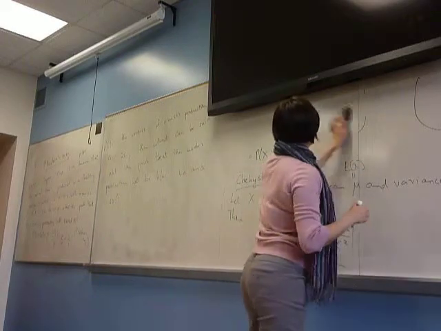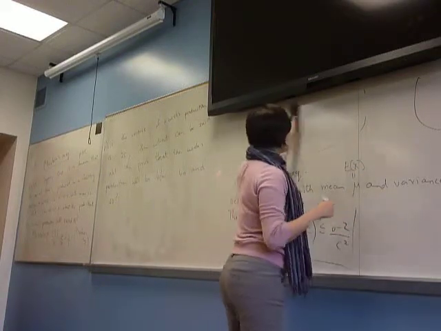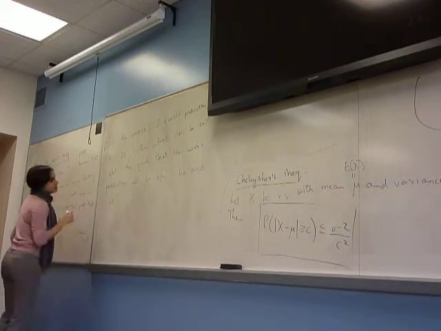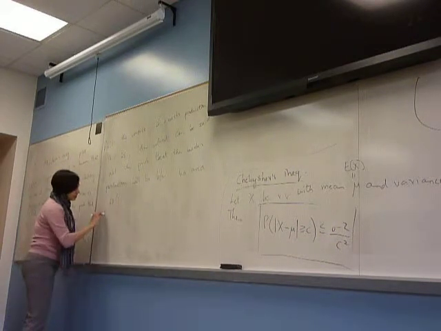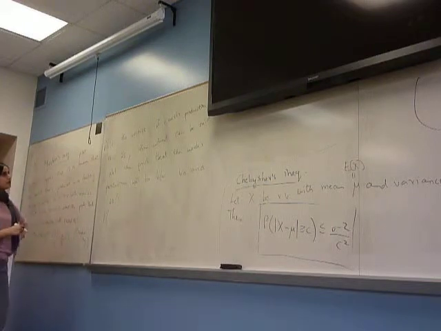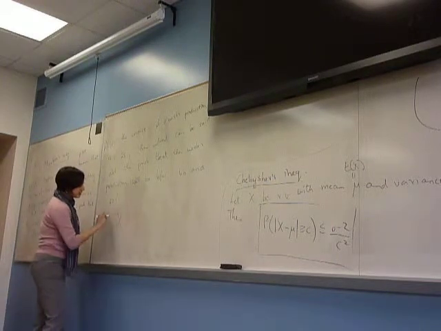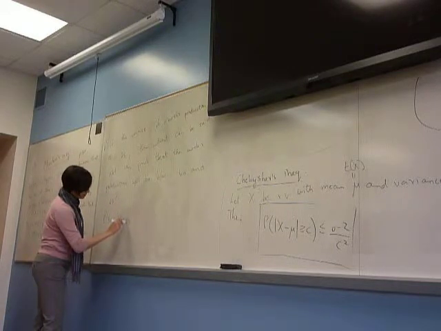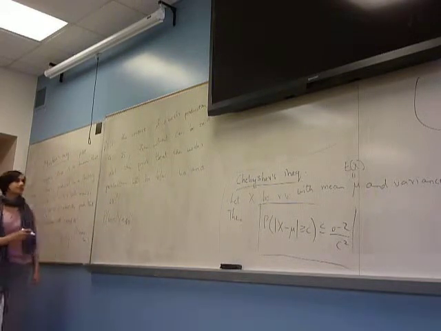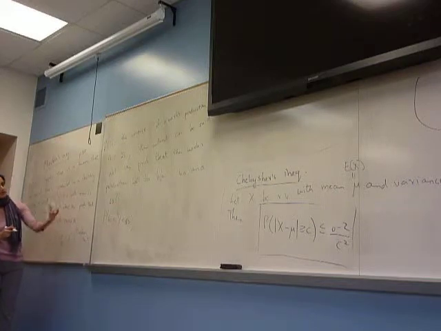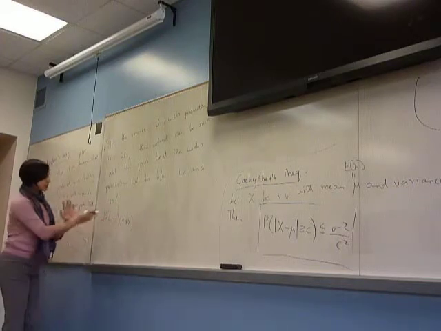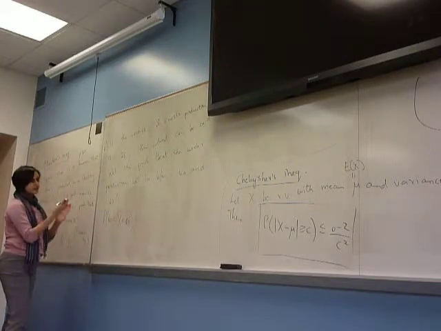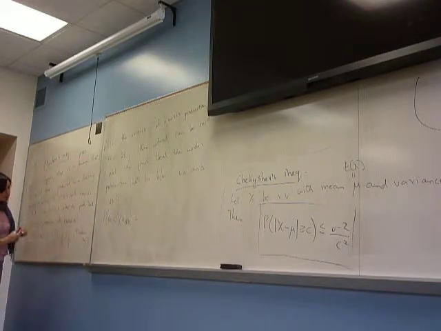So now we know the mean and we know the variance, so we can employ Chebyshev's inequality. The question is asking, what's the probability that X is between 40 and 60? I see 40 and 60, these numbers are at an equal distance from 50, which is the mean.